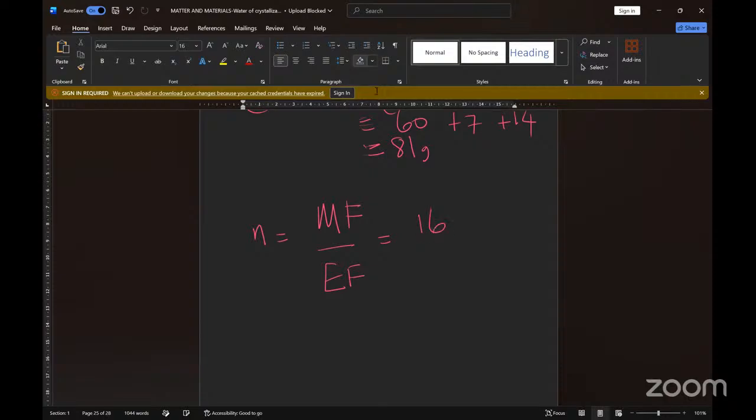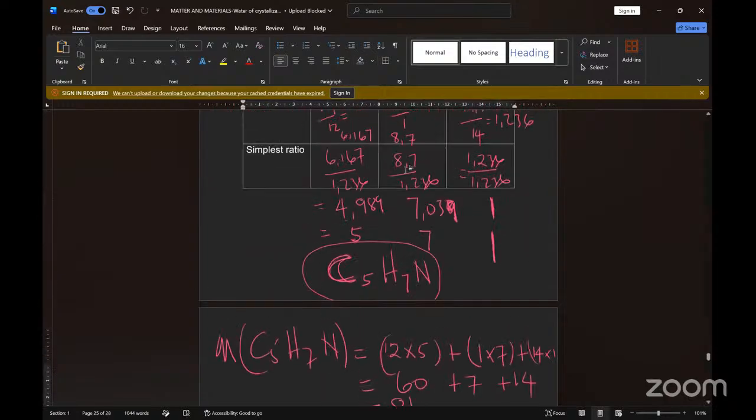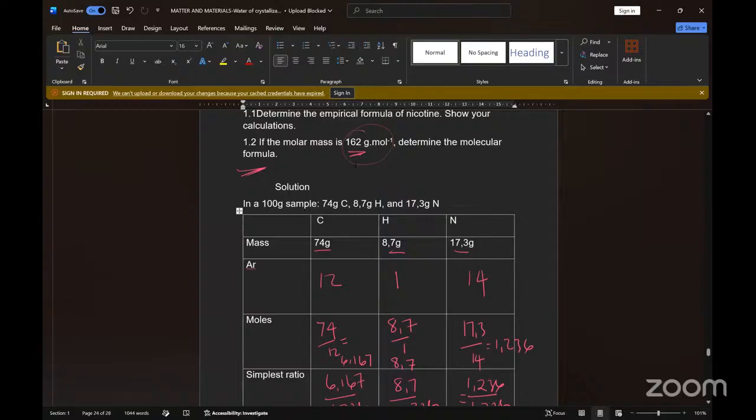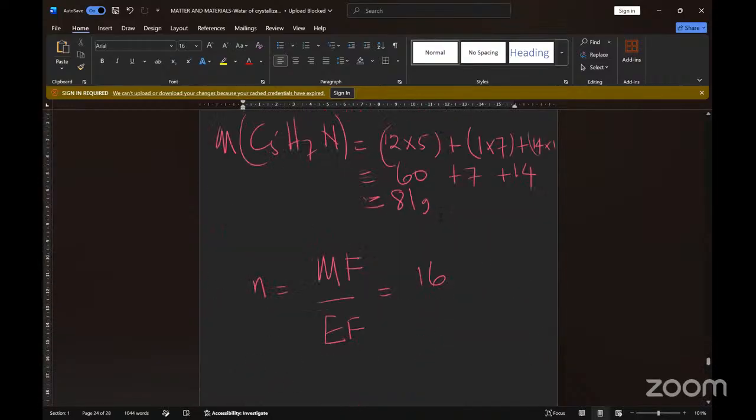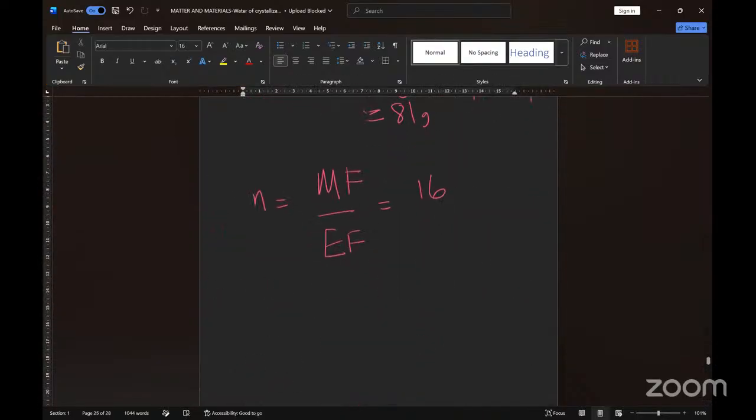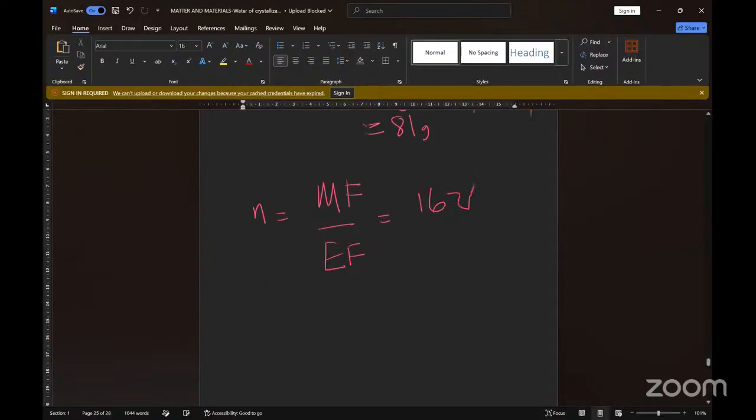This one, according to the question, is 162. You can see it here. So we write 162 divided by the empirical formula mass, which is 81. So when you divide this, you get 2.